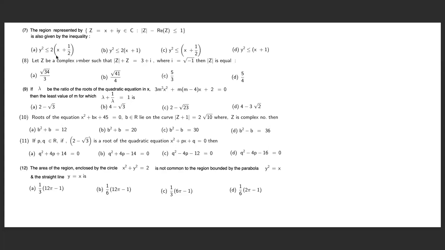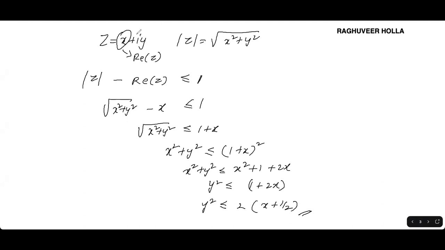So now let us look at the next problem, where you have mod of z plus z is equal to 3 plus i, right? So let us find the solution for this. From the previous question, we've already seen that z is x plus iy and mod z is the square root of x square plus y square.